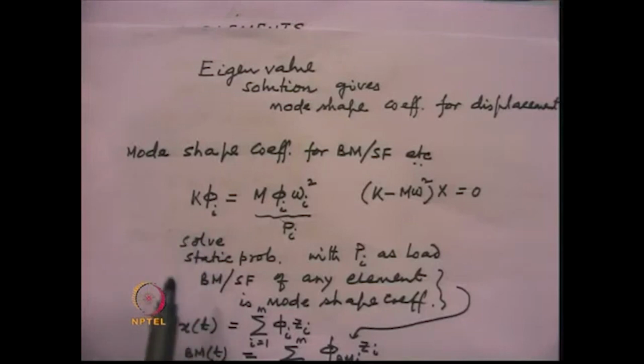Once we know the displacements phi i, then from there one can find out the bending moment and shear force for any element, and we will proceed as before, that is first from the displacements we will obtain the rotations, and once we know the rotations, then one can get the values of bending moment and shear force at the ends of any element or any member.